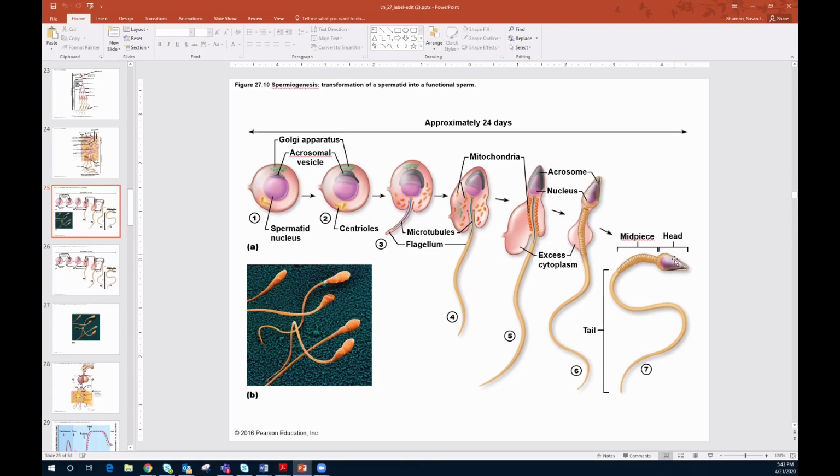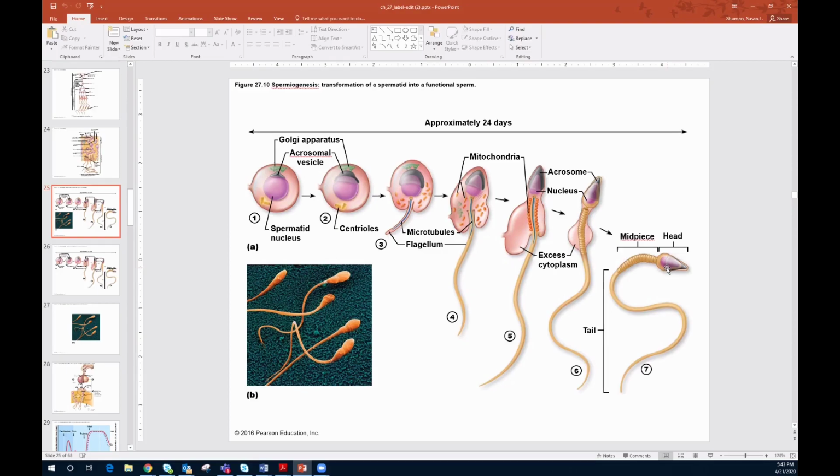When you look at the sperm, you've got the head containing the DNA, and the acrosomal cap, which has proteolytic enzymes. The mid piece has all of the mitochondria, and then the flagellum is created from a centriole, and it's the propulsion device.